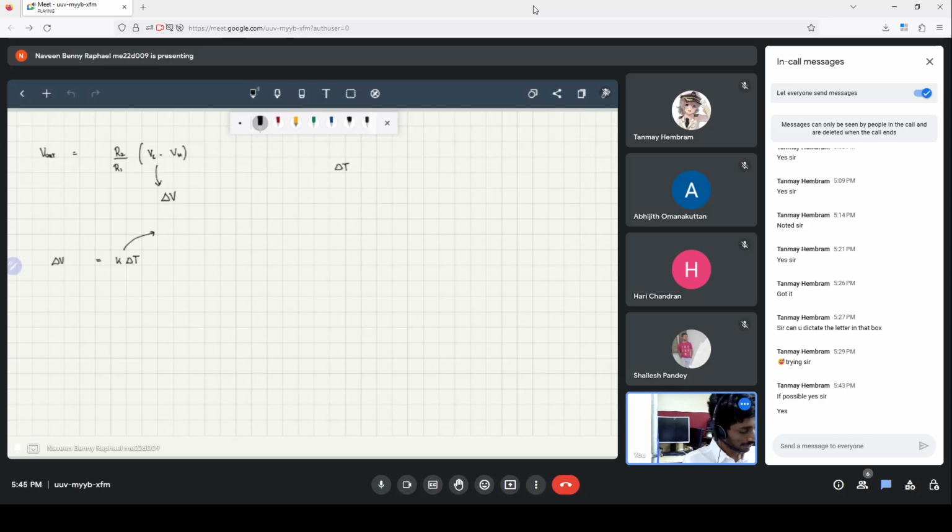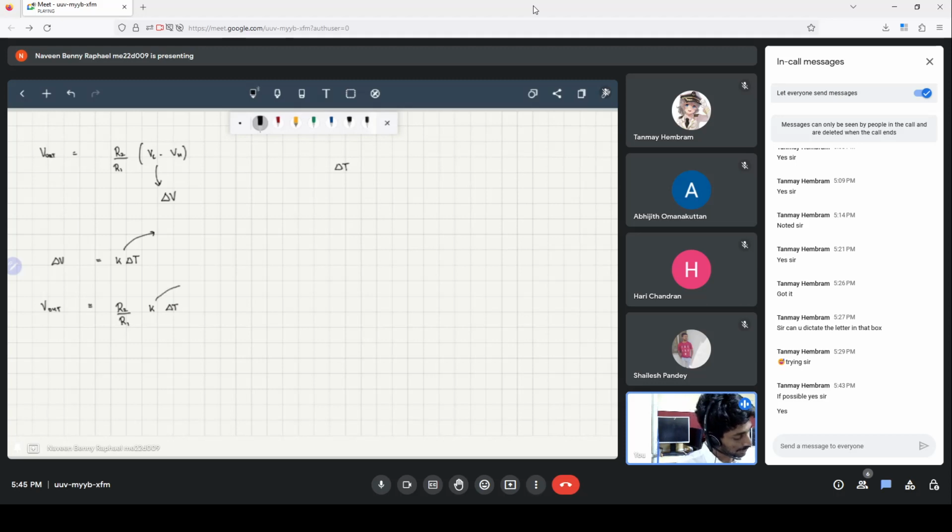Therefore, we can substitute this back into this equation. So we have V out is equal to R2 by R1 into K into delta T.